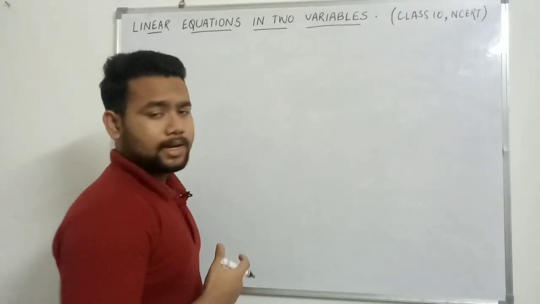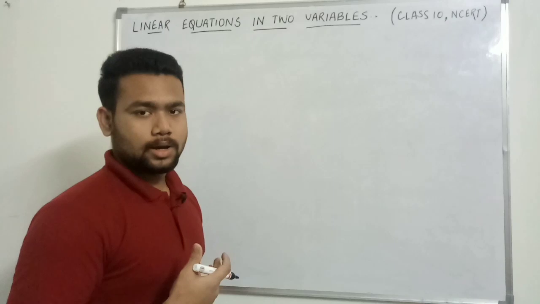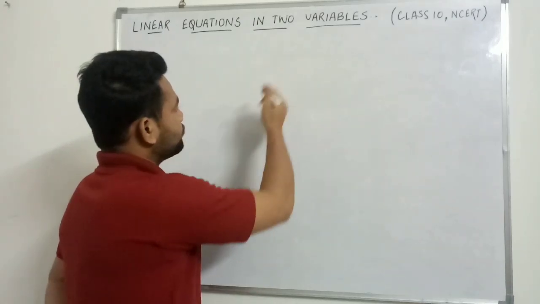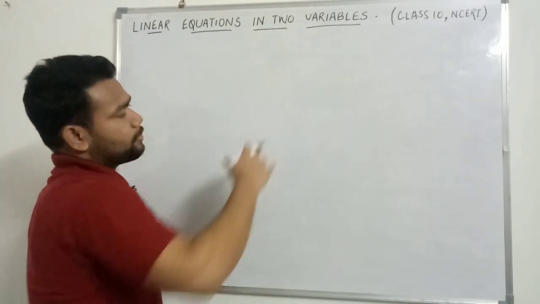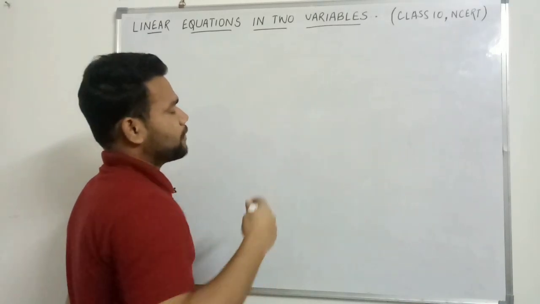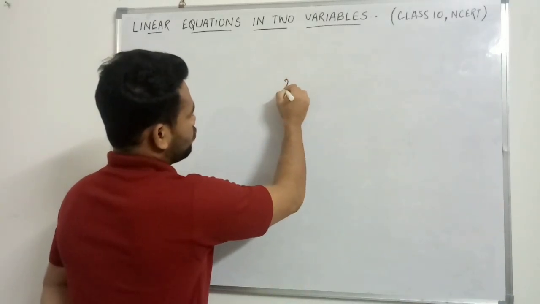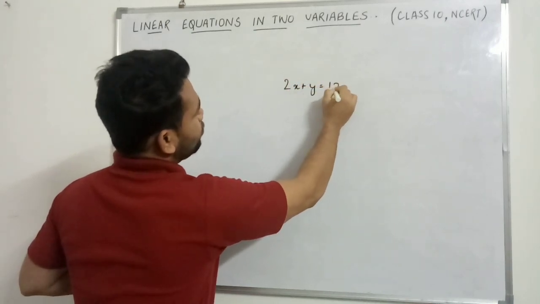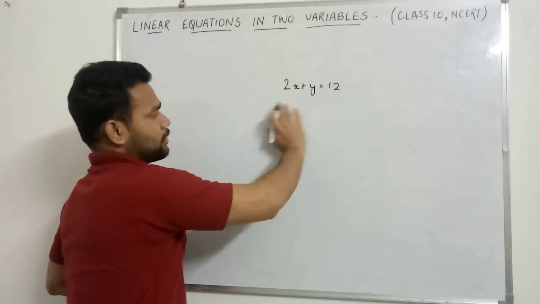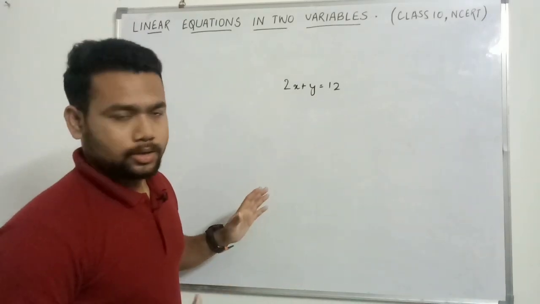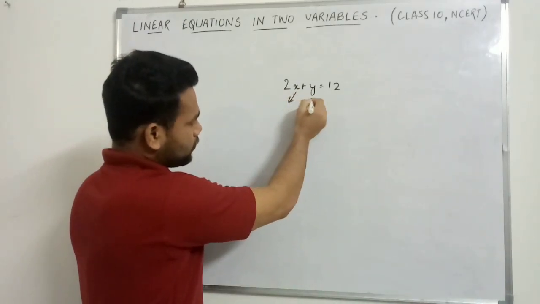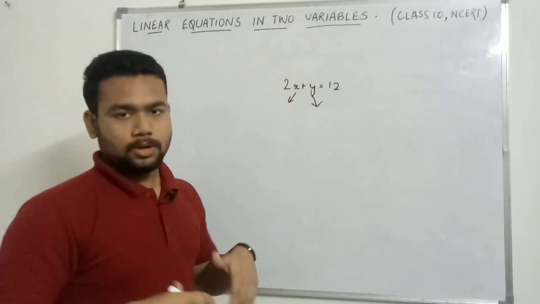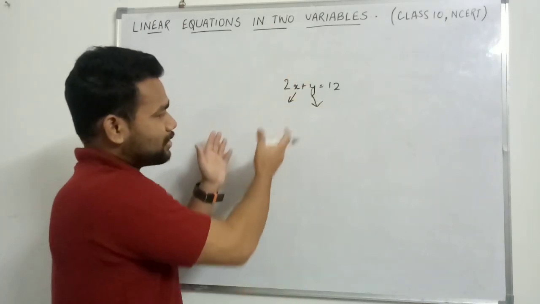Before going to the final exercise, let's go for a little bit of introduction. What does it actually mean, two variables? If we represent an equation, suppose 2x plus y is equal to 12, this is an equation, right? It has two variables. The equation can be of any form, this is just an example.